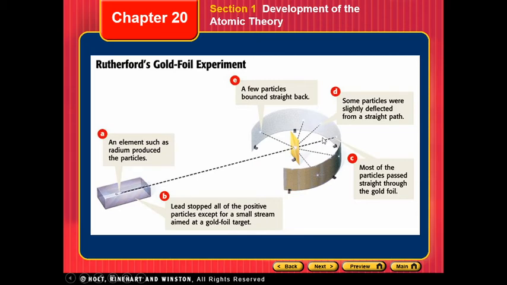But then some particles were slightly deflected, and some particles even bounced straight back. So when it passed here, most of it went straight, but some deflected, some even bounced back.